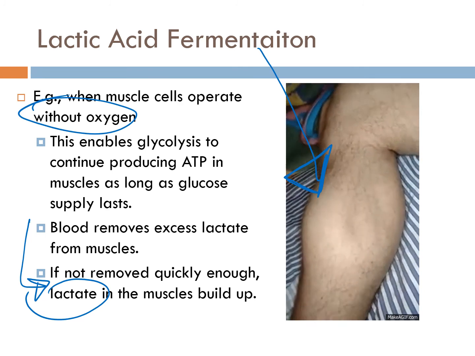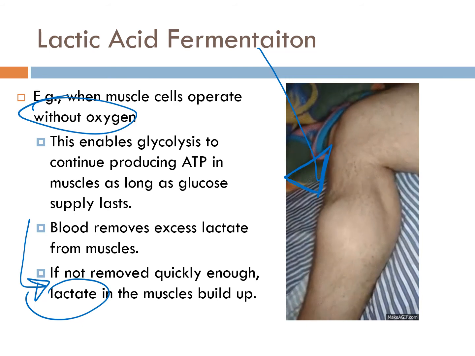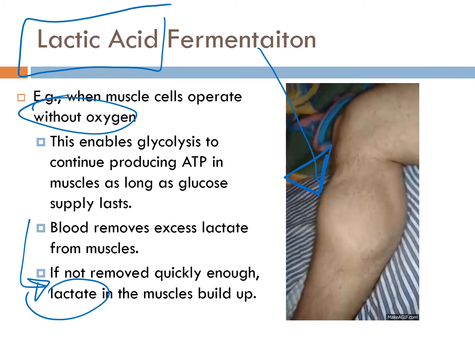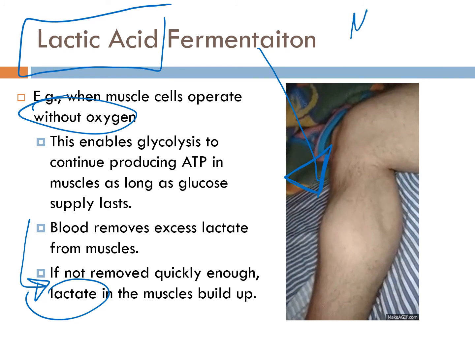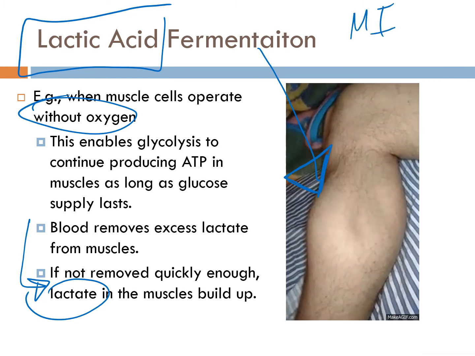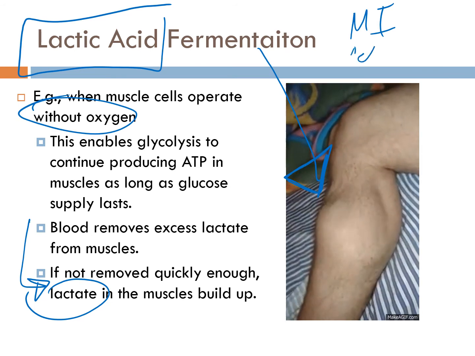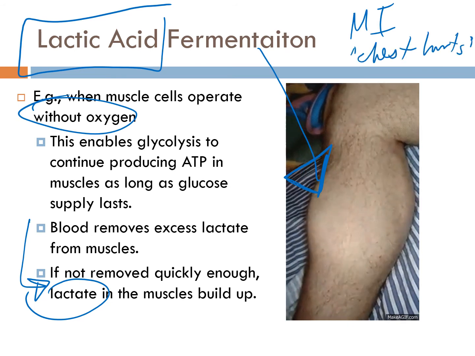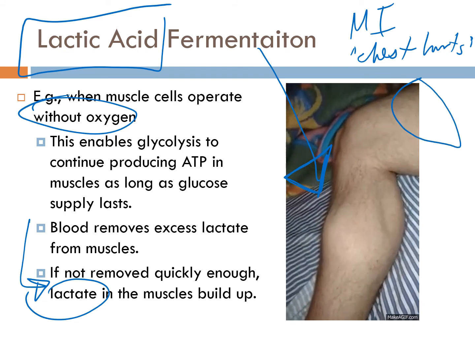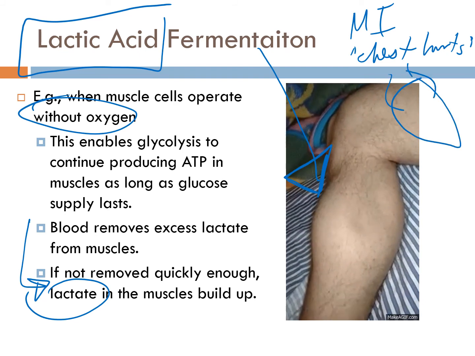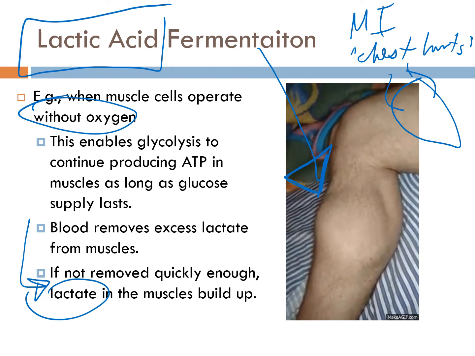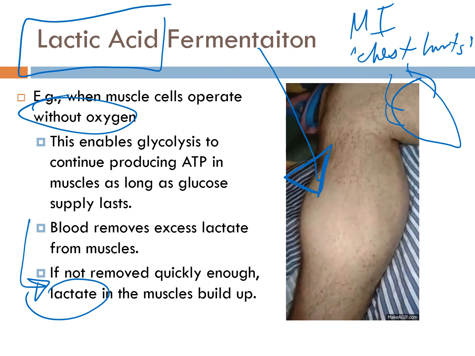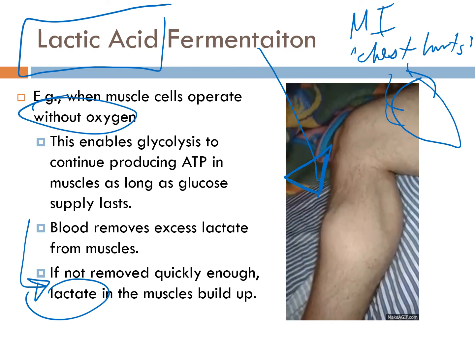Also, this is really quick, when people talk about a heart attack or an MI, myocardial infarction, where their chest is hurting, what happens is that, say this is your heart, and then you have these main coronary arteries that supply blood to the heart. Not through the heart, but for the heart.